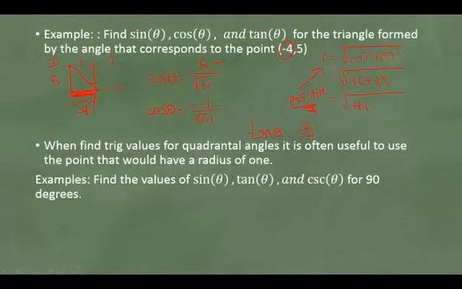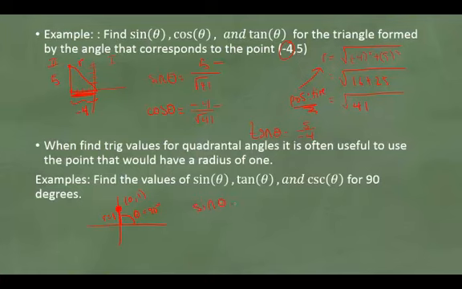When we're looking at quadrantal angles, it is sometimes easier to work with something that has a radius of 1, or r equal to 1. So for 90 degrees, we're going to imagine that this angle theta corresponds to something that has a radius, or r, of 1. There's 90 degrees, and the highest it can go is 1. So that means the x value has to be 0, because we haven't moved anywhere on the x side, and 1 for the y value, because r is 1, so the highest that can be is 1.